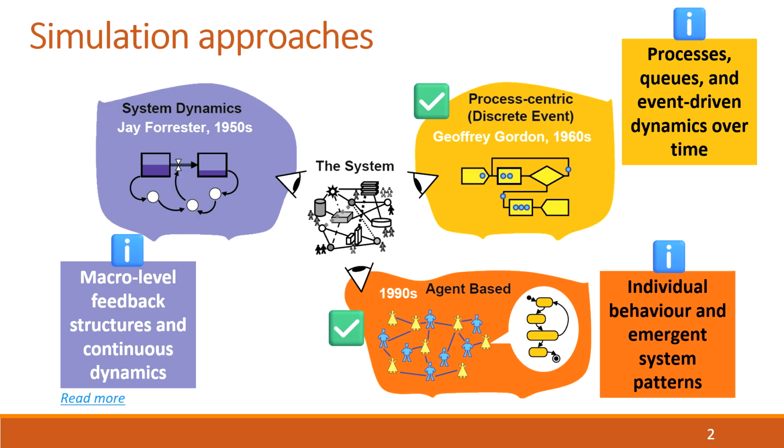And the third approach, I would say the youngest of all three, is the approach which is called agent-based simulation. And again, we are going to explore the following approach with the details.